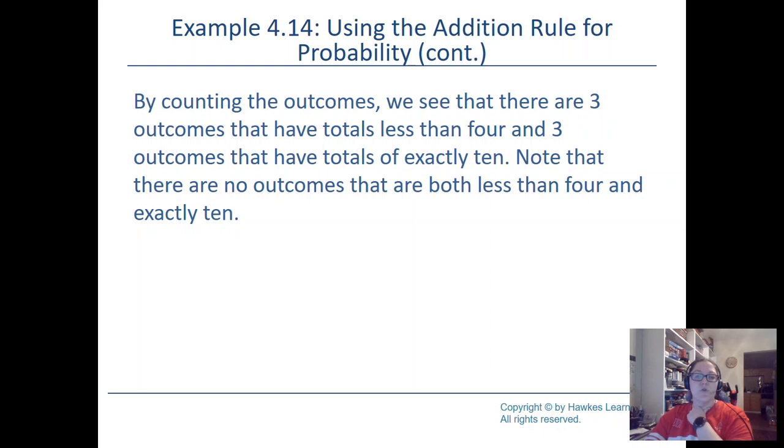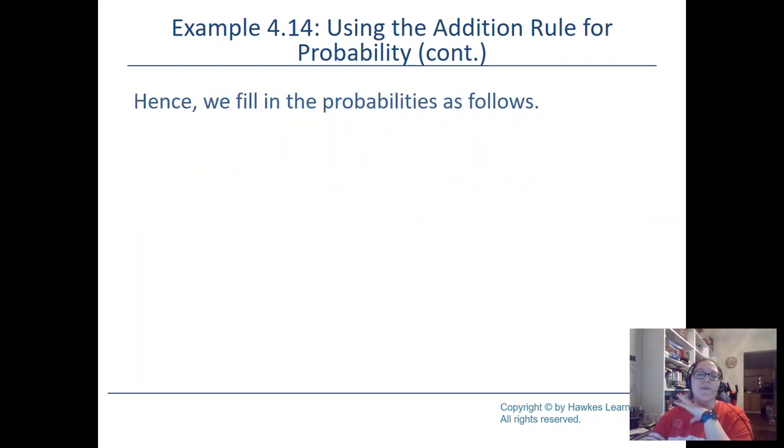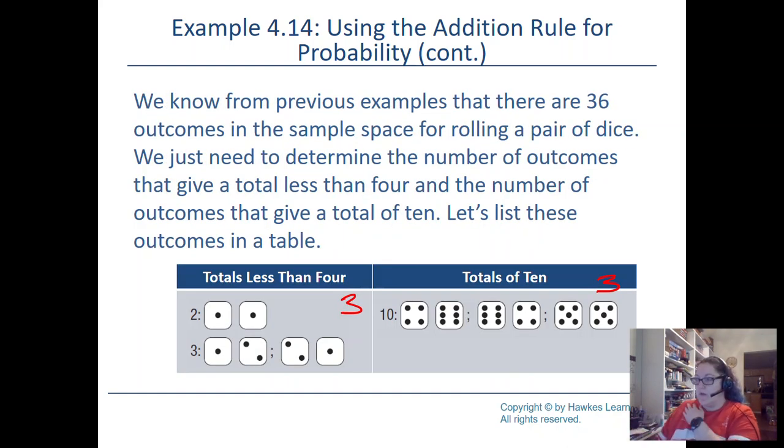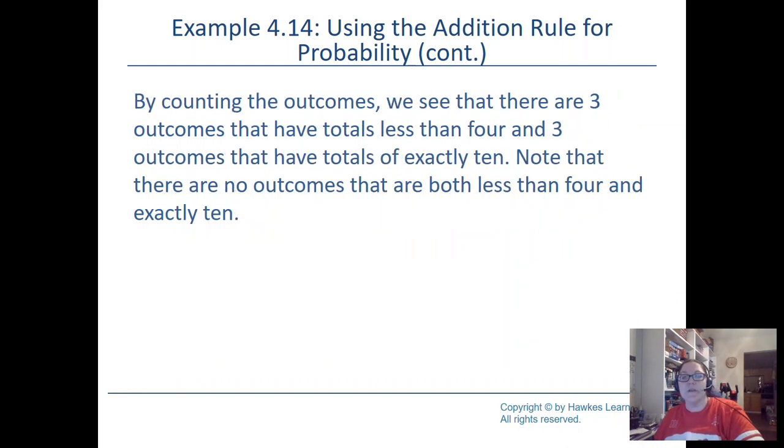We also see that there's 3 exactly for 10. However, there's no outcomes that are both less than 4 and equal to 10. Like it just doesn't happen. Look back. Can you see any of these where it totals to be less than 4 but equal to 10 at the same time? It's not mathematically possible. So my and on this one is going to be 0.